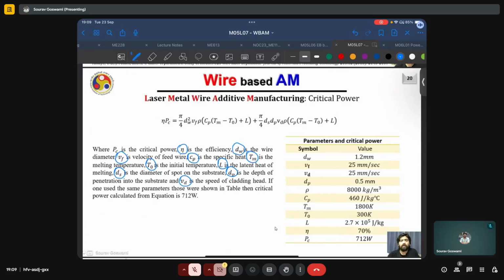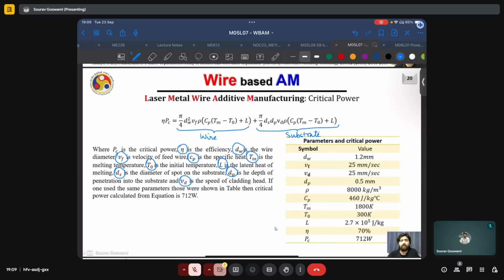And here they are divided into these two terms. Because the first term relates to the energy required for melting the wire, and the second for energy required for formation of the melt pool on the substrate.